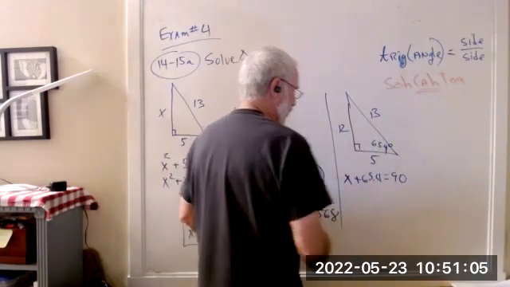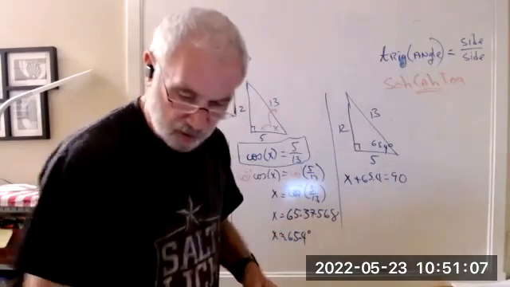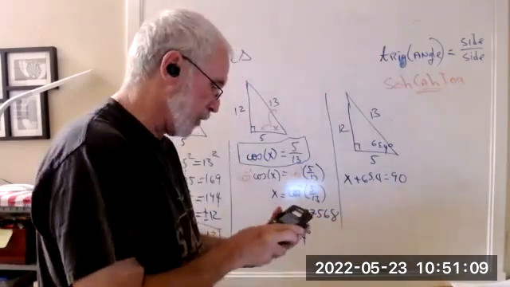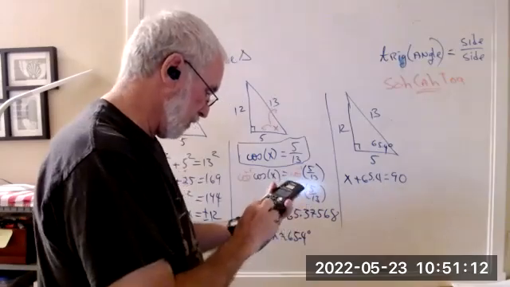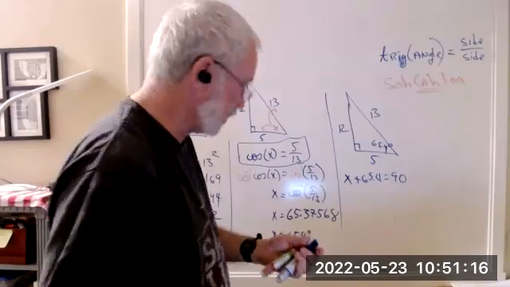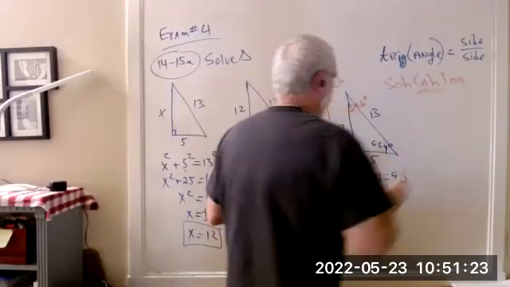I don't care how you do it, but that's just arithmetic. So 90 minus 65.4 is 24.6. Yeah, that's what I get, 24.6. And that's the answer.